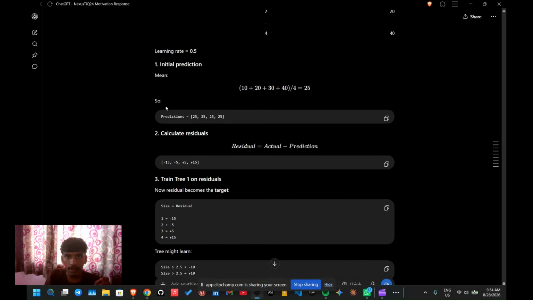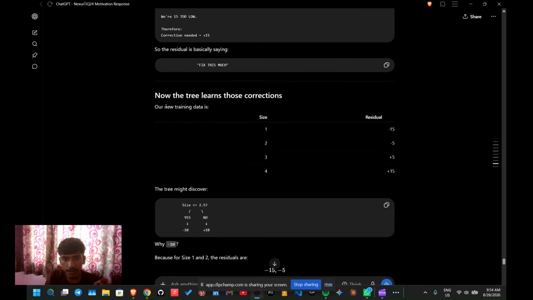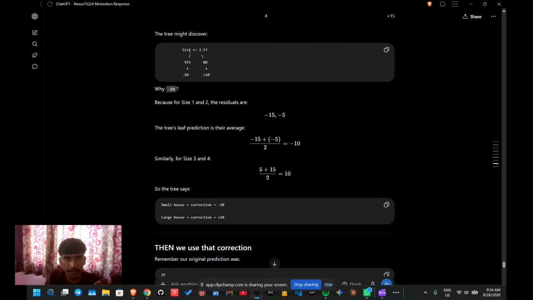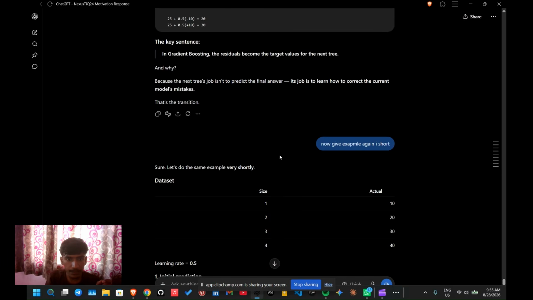Simple. I guess the tree is here if it is possible to see. Yes, size less than 2.5, size greater than 2.5. And how did we get the value 10? Just by taking the average. Okay, this is the simple thing.